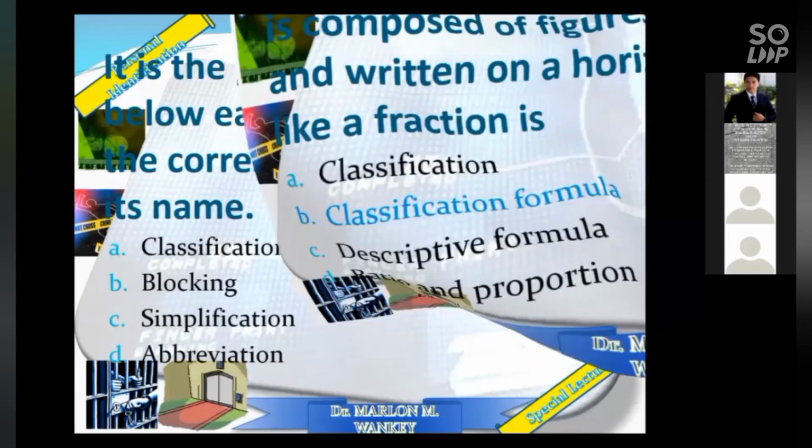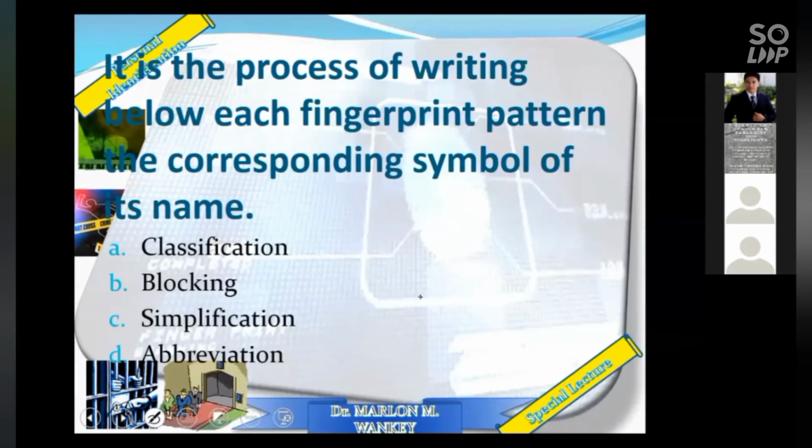Now, it is the process of writing below each fingerprint pattern the corresponding symbol of its name. A. Classification. B. Blocking. C. Simplification. And D. Abbreviation.